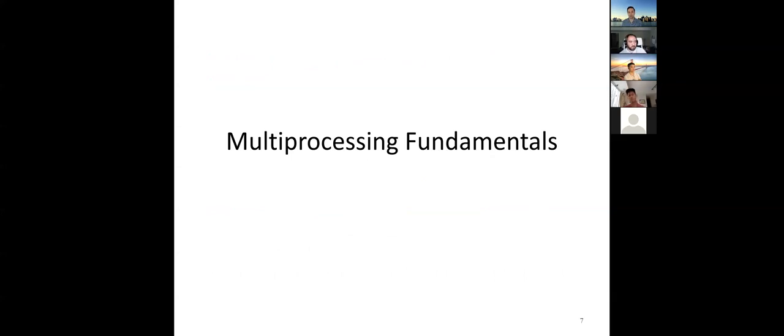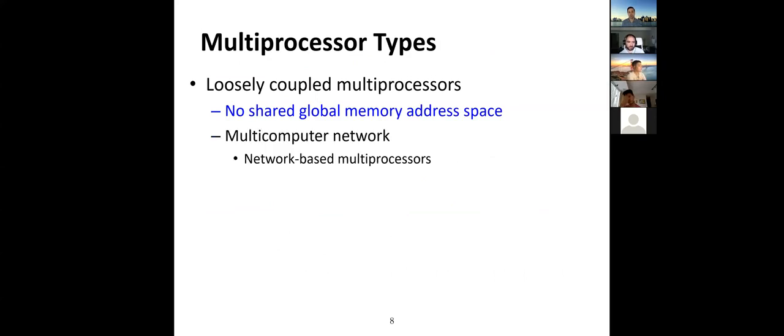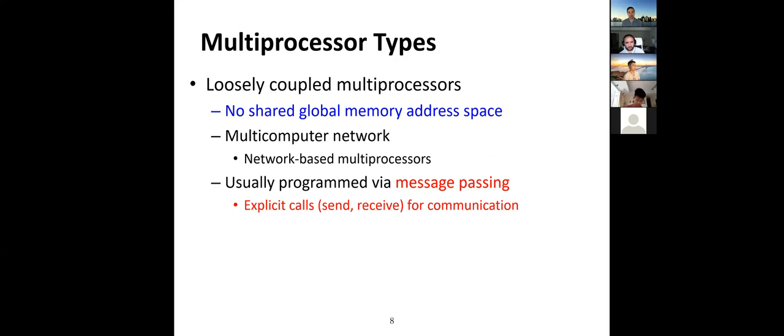We just scratched the surface, and now we're going to talk more about multiprocessing fundamentals. So multiprocessors have different forms. There are loosely coupled multiprocessors that have no shared global memory address space. There are multiple computers in a network, network-based multiprocessors.